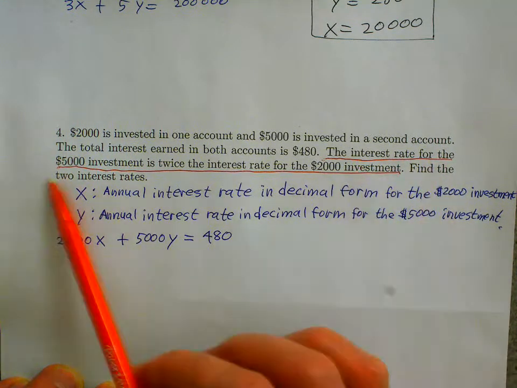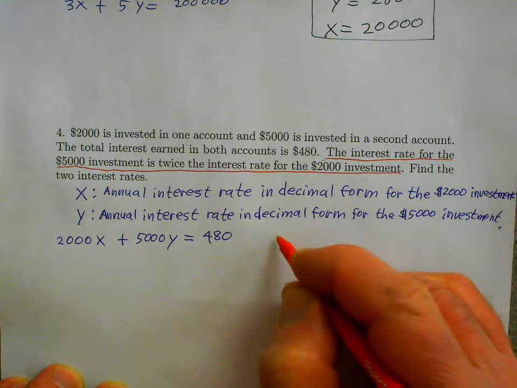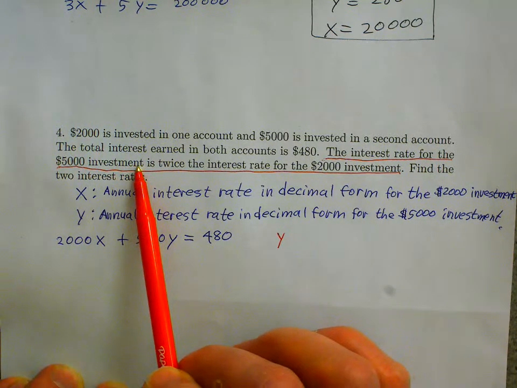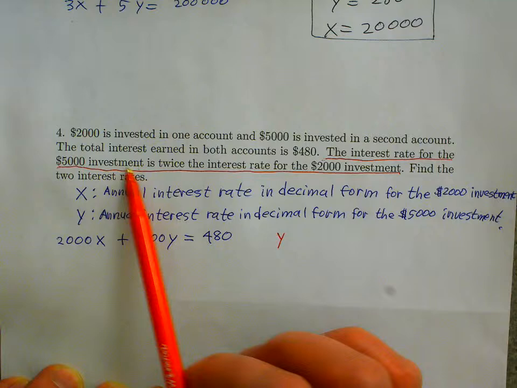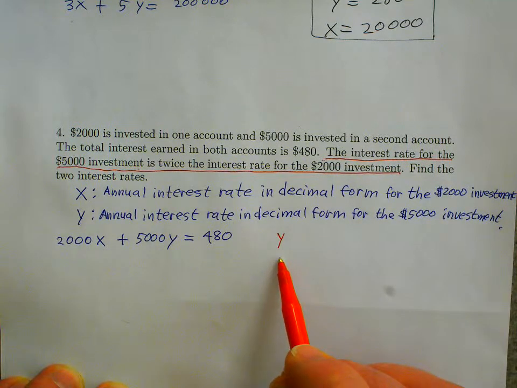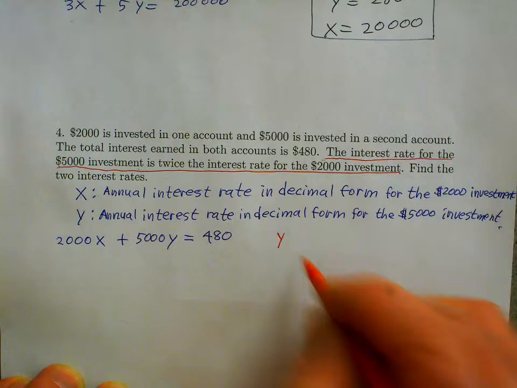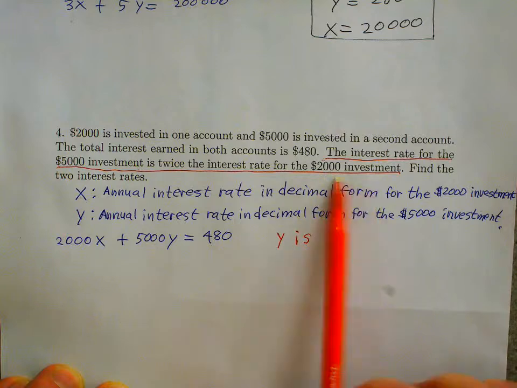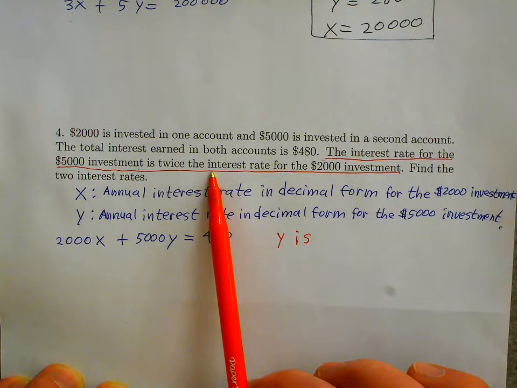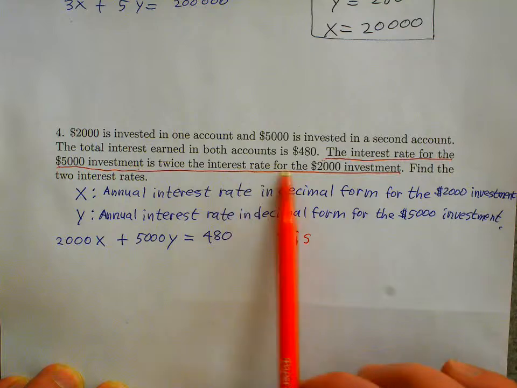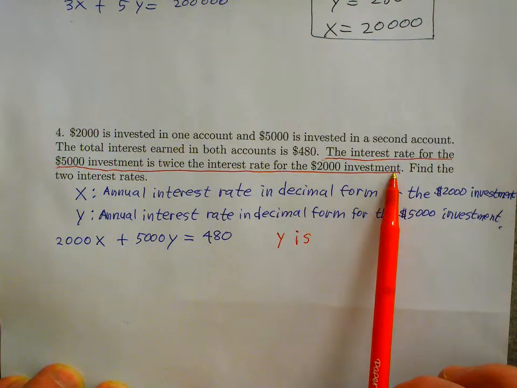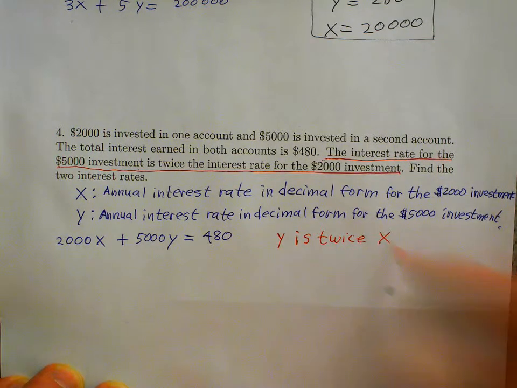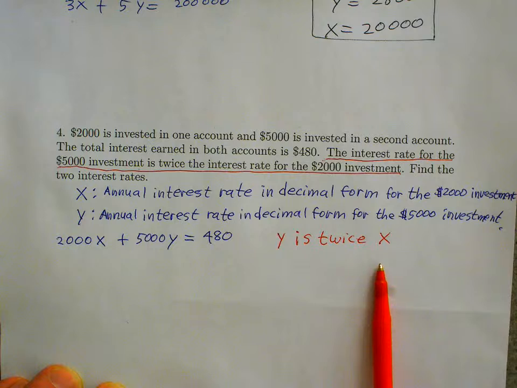The interest rate for the $5,000 investment is Y, and Y is twice the interest rate for the $2,000 investment, which is X. So how do I translate that into an equation?